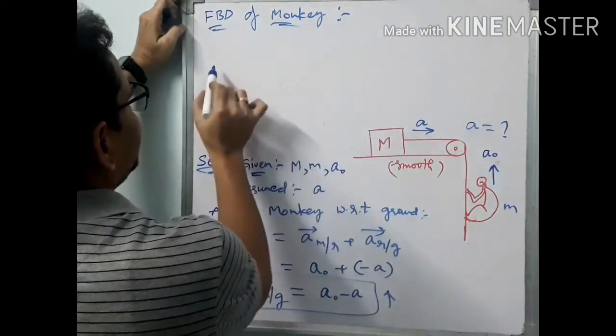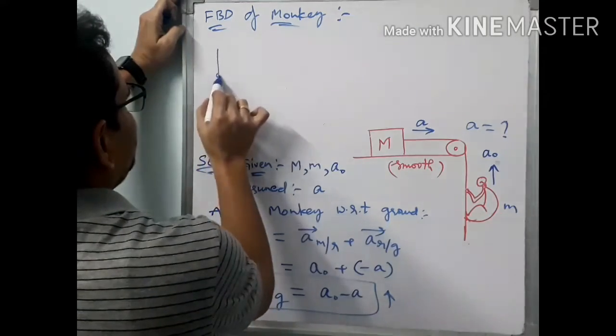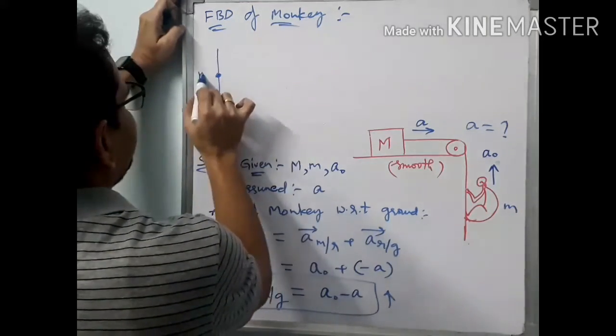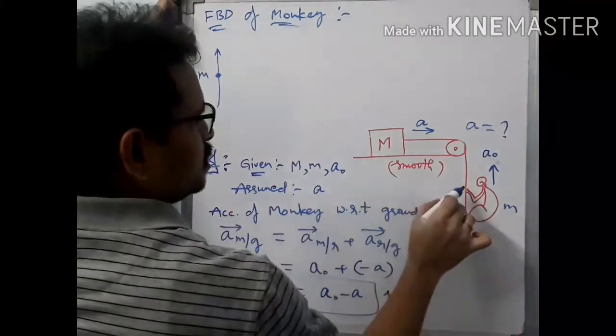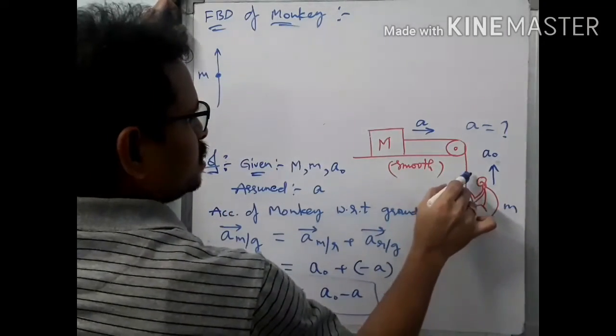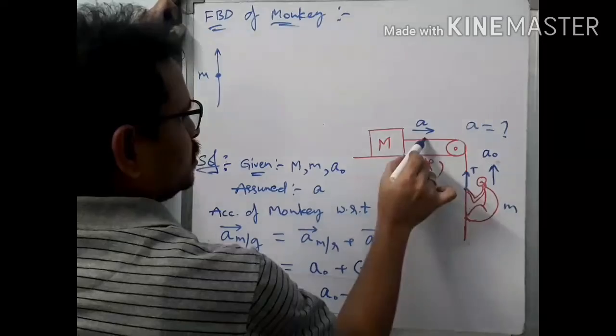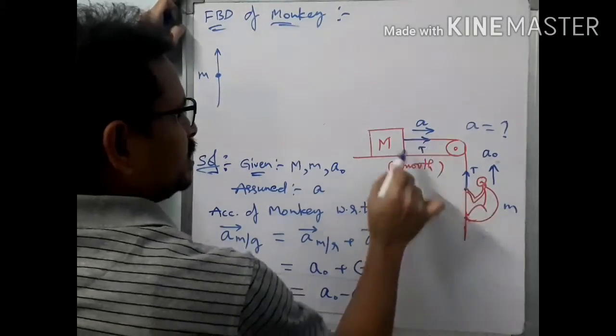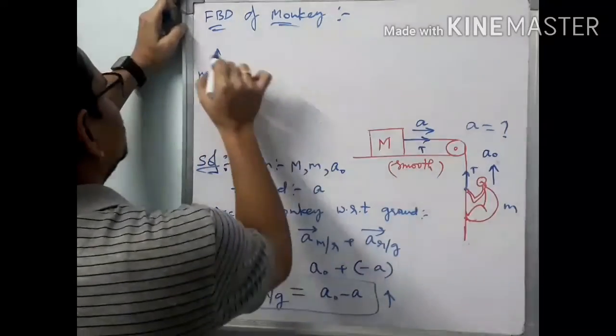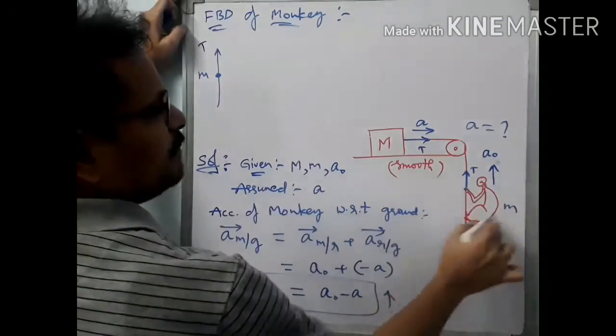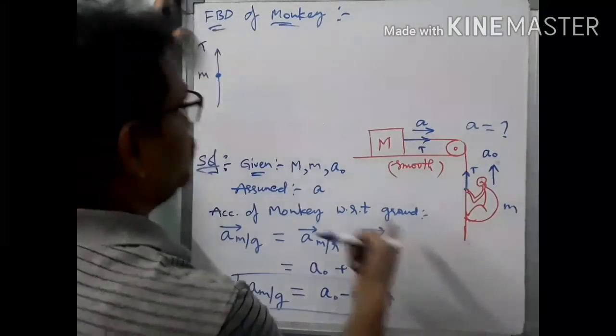So let us take the FBD of the monkey. I am making the monkey a point mass. Its mass is m. In the upward direction on these hands, tension T is acting, and on this block also, T is acting in this rope; tension is T, let us suppose. Since we have chosen the monkey as the system, the rope is an external object now.